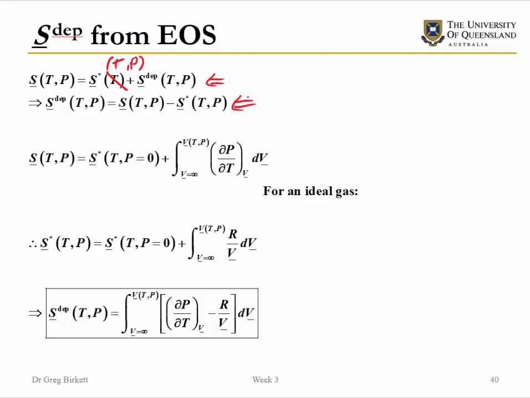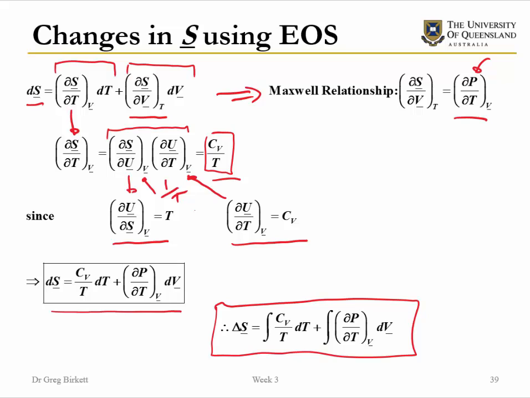Now for the real gas, I can say my entropy is equal to my ideal gas entropy at this extreme of P equal to 0, plus the integral from the previous slide. So if we go back to the previous slide, we're going to be using this part of the integral here.